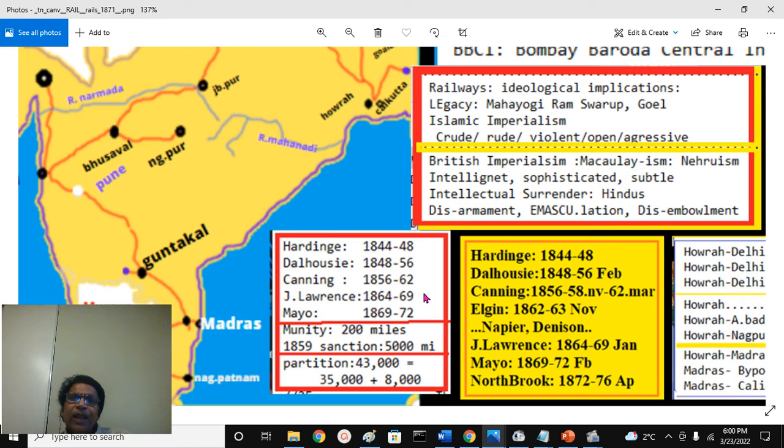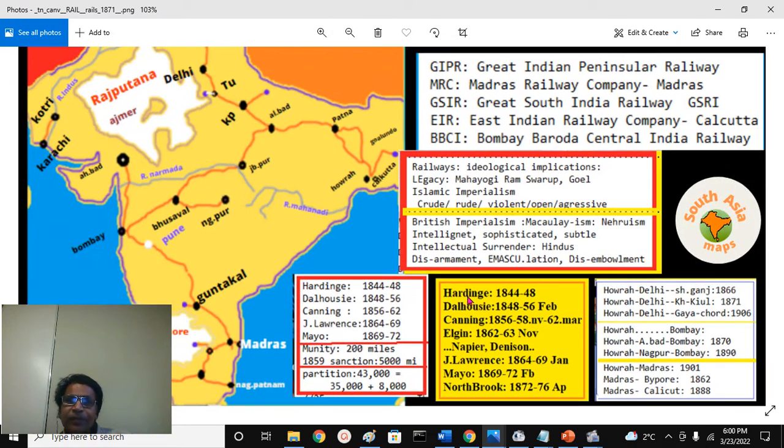So Dalhousie left India in 56, at the time roundabout 200 miles or so. Then Canning came. In Canning's time, there was a mutiny. Afterwards, the Governor General of the East India Company was designated as a Viceroy because the government was taken over by the Crown.